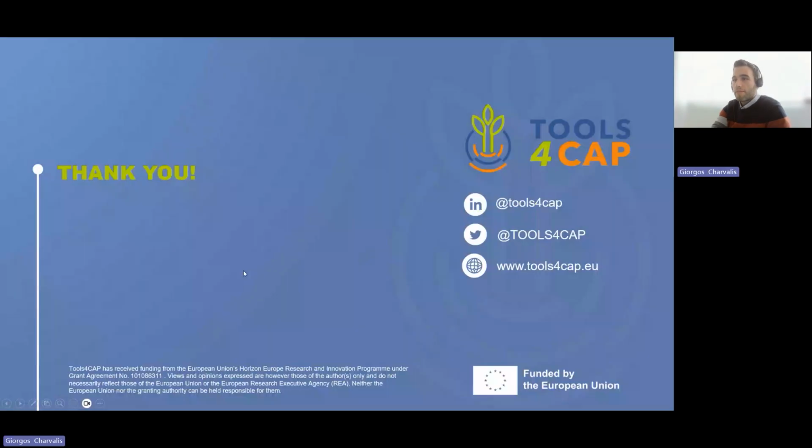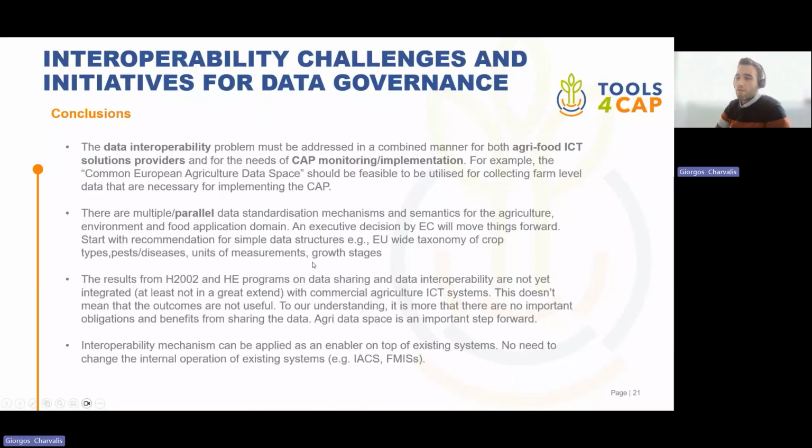Overall, we can say that data interoperability could be addressed in a combined manner, both for the agri-food ICT solutions providers and for the needs of the CAP monitoring implementation, in order to bridge those two worlds.